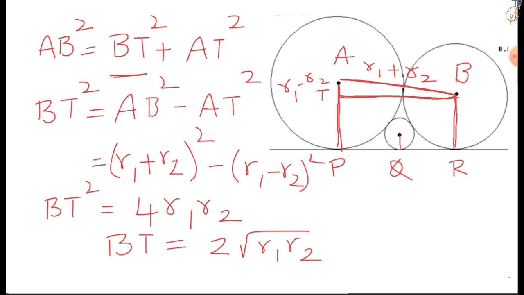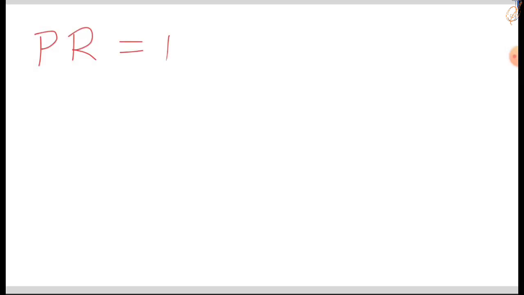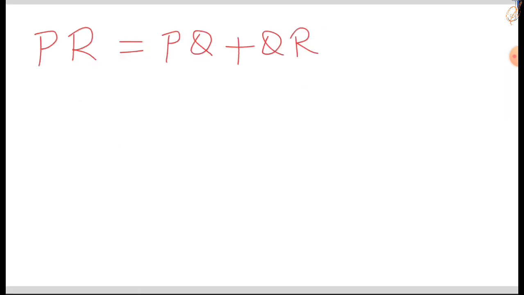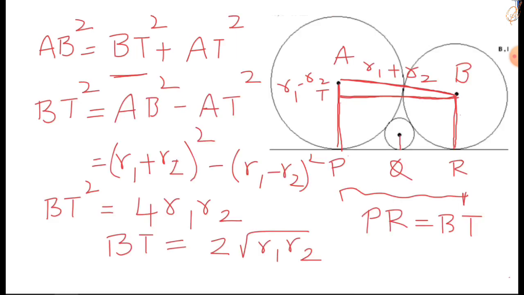Take square root on both sides and BT is equal to 2 square root of R1 R2. Now take the distance PR. PR we can write as PQ plus QR. PR is the same as BT, right? So the BT value is 2 square root of R1 R2, so PR value is 2 square root of R1 R2. That is equal to, let's see the PQ value.